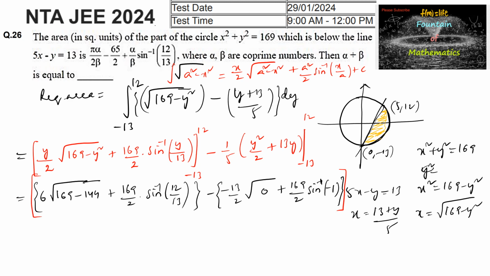And again the next part we can write 1 upon 5 times 12 square, that is 144 divided by 2, plus 13 times 12, this upper part minus the lower part, which is minus 13 square divided by 2 plus minus 13 square.